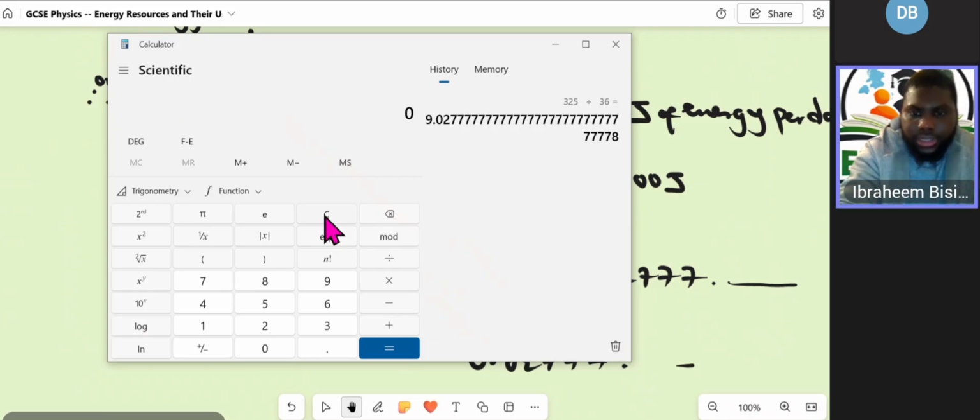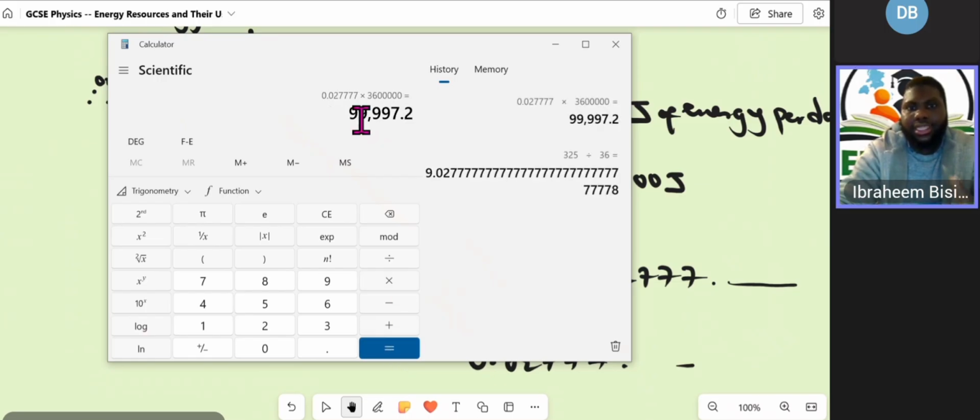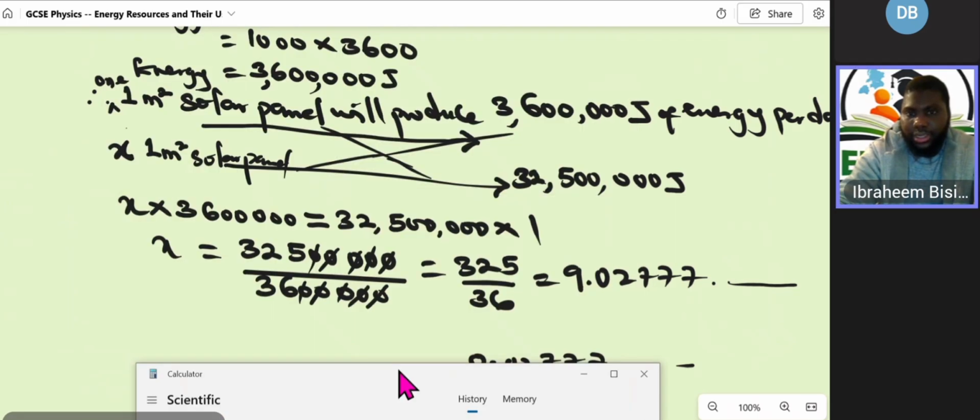We just need 0.0277, then times 3,600,000 joules of energy, and that will give 99,997 joules of energy.